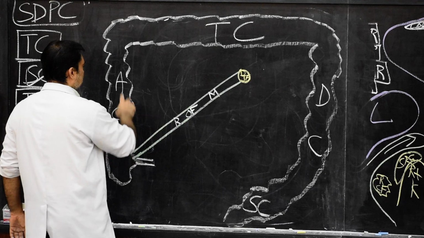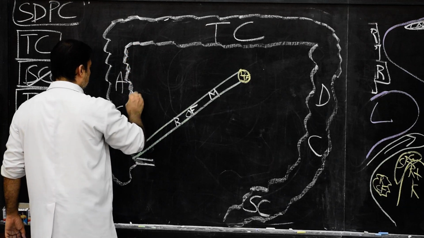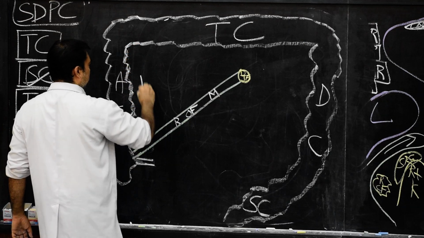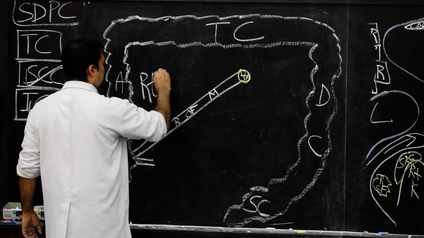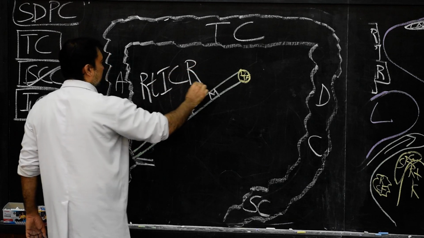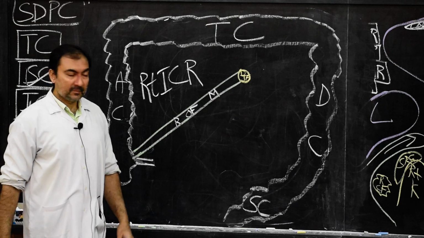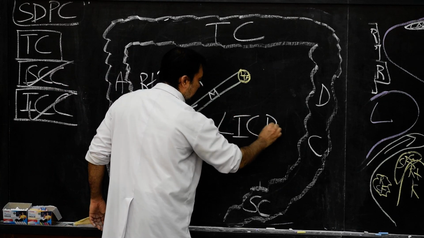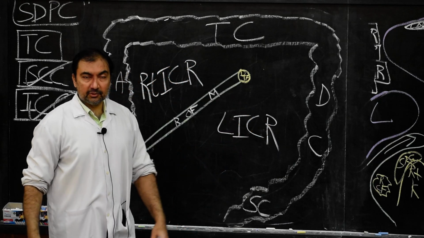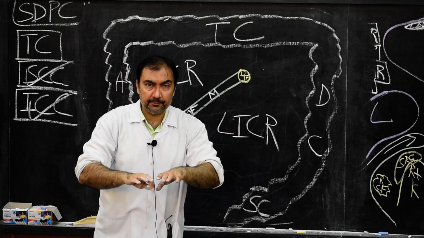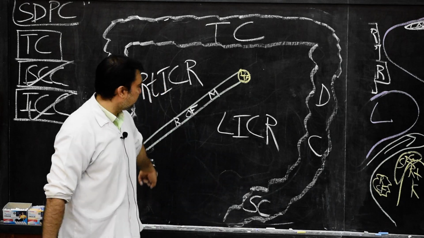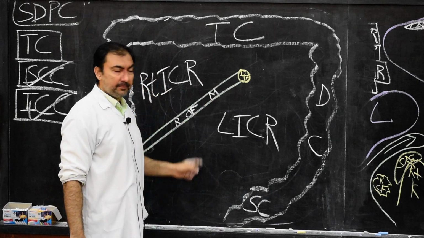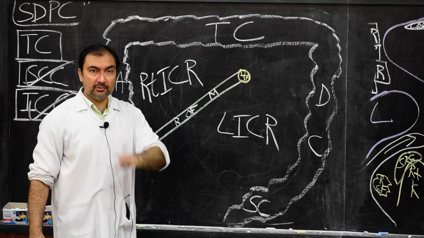Number one, this peritoneal region over here will be known as the right infracolic region or compartment, and over here the left infracolic region or compartment. So the infracolic peritoneal spaces are divided by the root of mesentery into the right infracolic compartment and the left infracolic compartment. Now the boundaries.